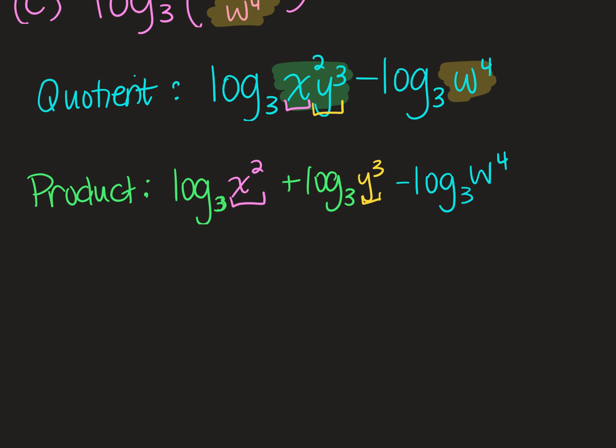All that's left are my exponents. So the last thing I want to address is the powers. So I will call this the power step. And we'll take each of those exponents and rewrite them as a multiplier. So each exponent that we see in all three of the logarithms, rewrite them as a multiplier.